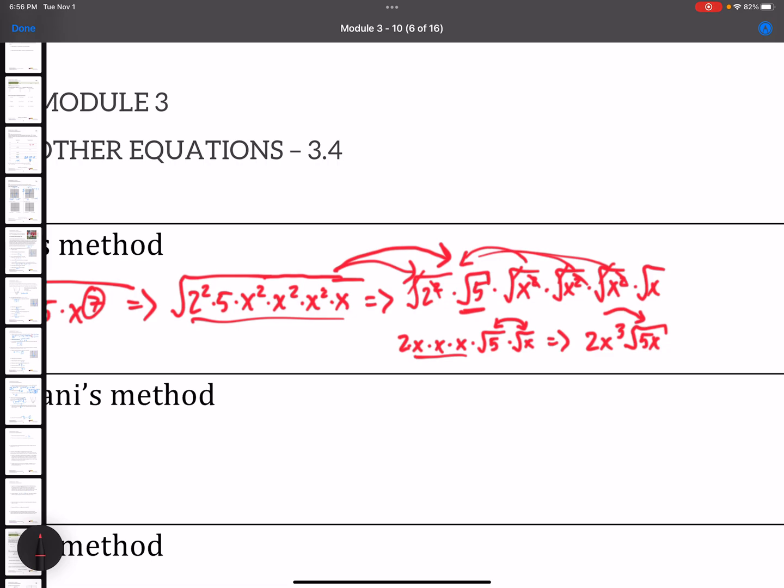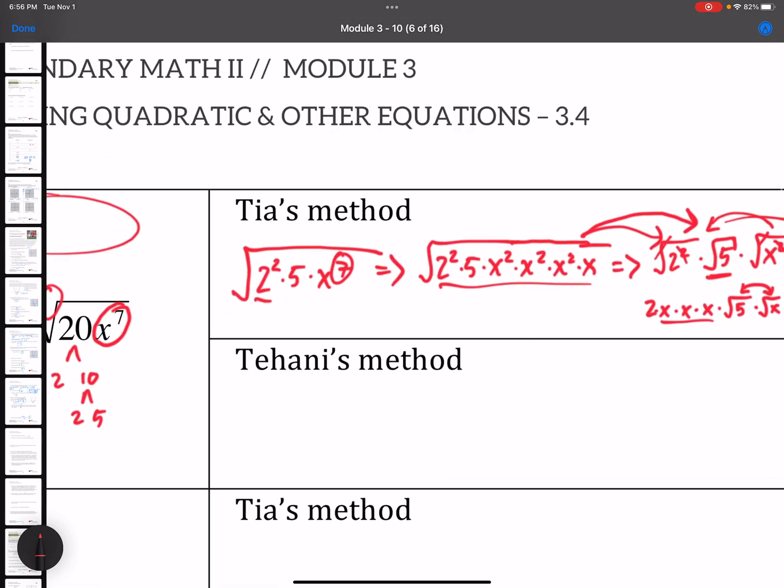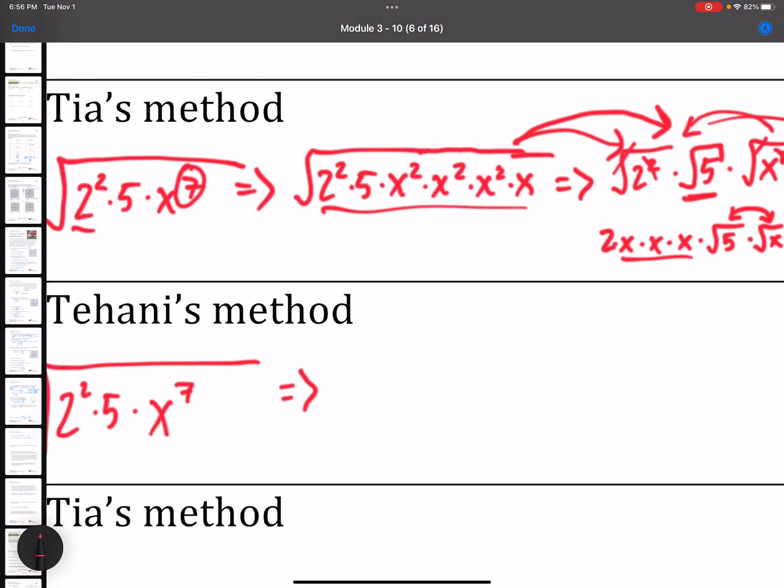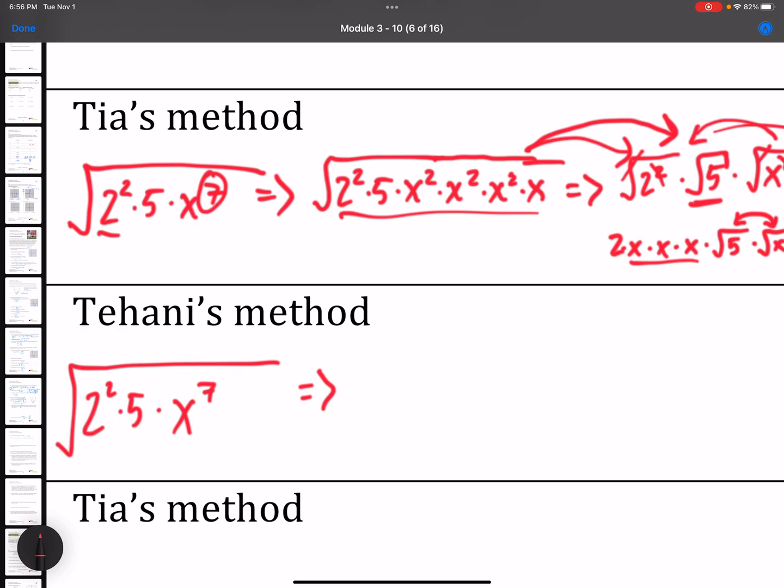Now let's look at Tahani's method. We'll start again with this 2 squared times 5 times x to the 7th, but Tahani would separate it out into those exponential fractions. So remember, she can put this in the denominator of each of these exponential fractions.